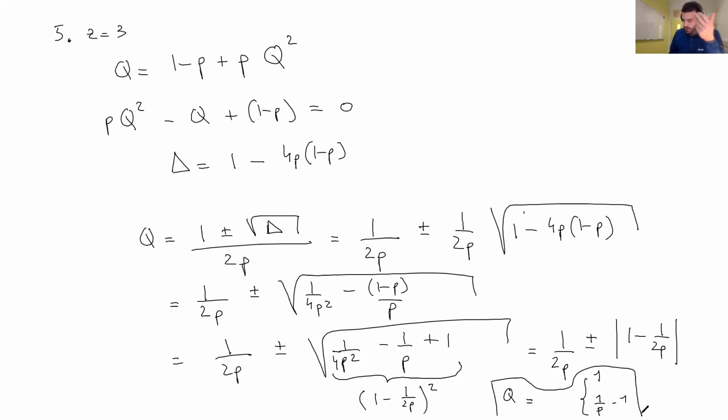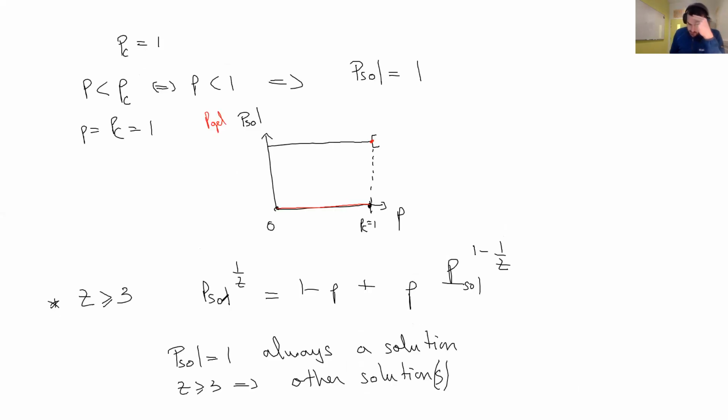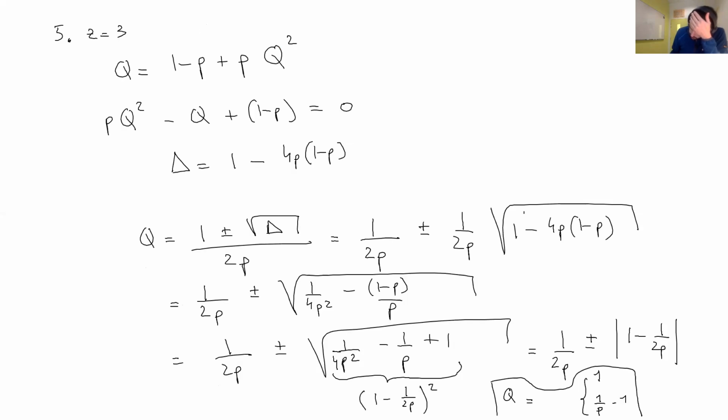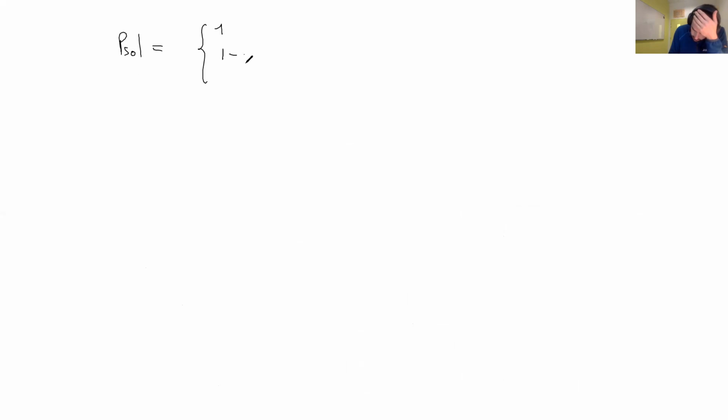And thus we found P sol, because P sol, which is the thing we would like to calculate at the end, is related to q by the power z, so by the power 3 here. So P sol has two possible values, either 1 to the power 3 or ((1 minus p) over p) to the power 3. Good. So we are done almost.